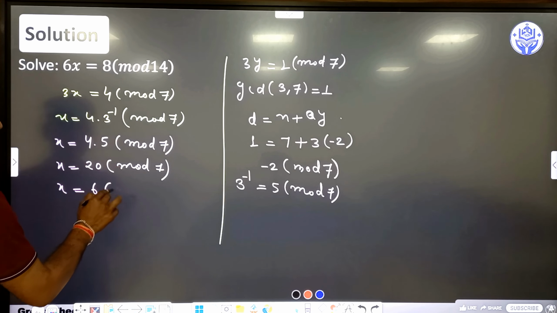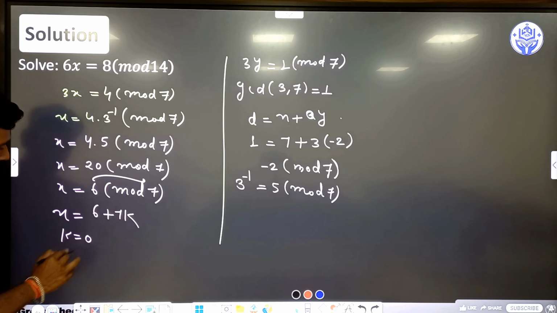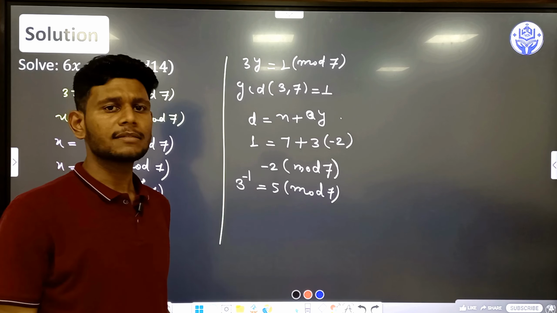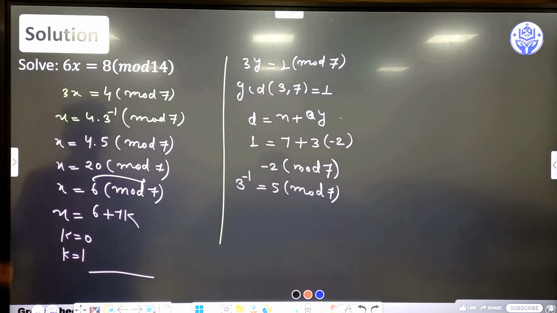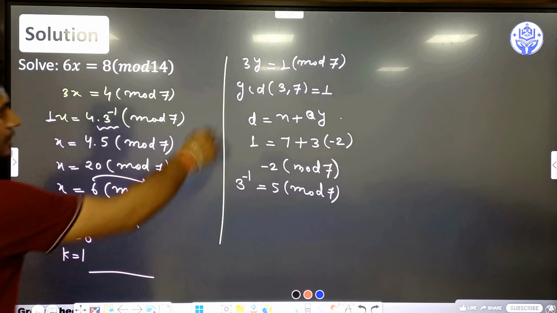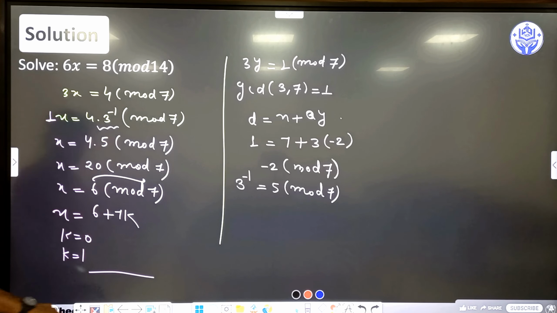So it is nothing but 6 mod 7. So what are the values of this? Simply write like this: 6 plus 7 into k, and again k is equal to 0, k is equal to 1. You can find the solution. This is the trick. The main concept is to make the coefficient 1, write like this, and this is the procedure by which you can find the inverse of this particular number.